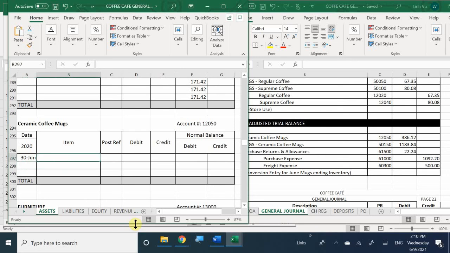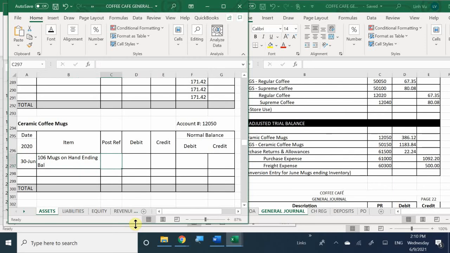I put 106 on hand, end of June. General Journal 21. A debit for 386 and 12 cents. We're on 21. Yes. Good. 386 and 12 cents. Running debit balance 386 and 12 cents.